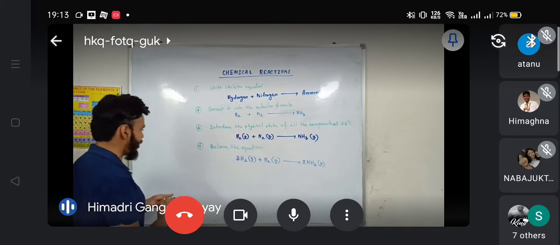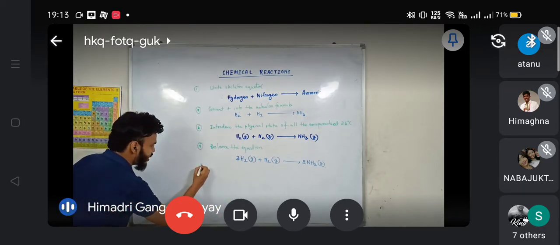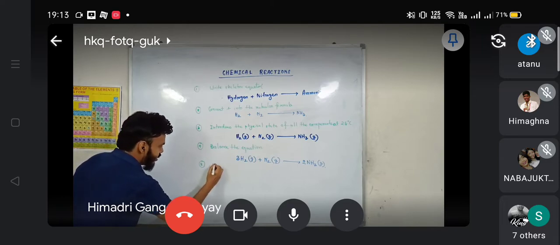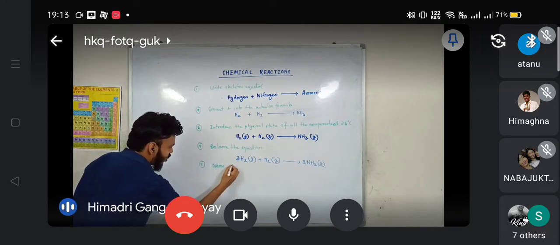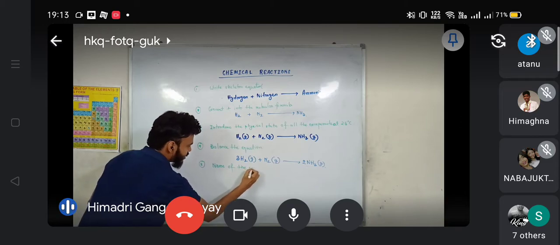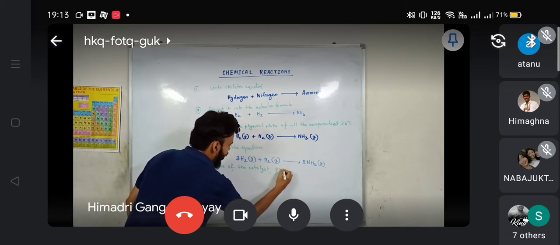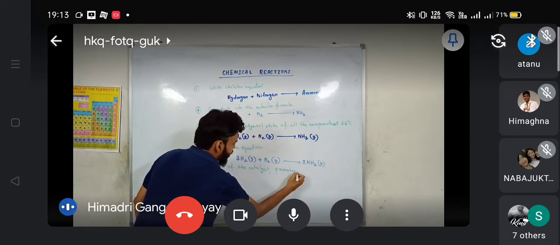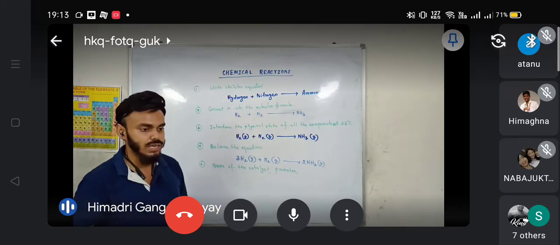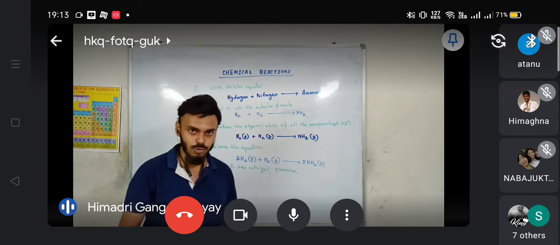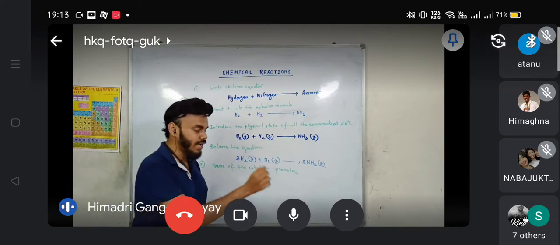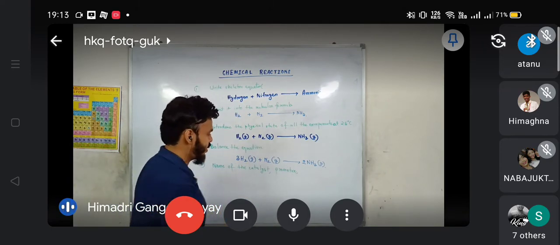And the last step, the fifth step, is to write down the name of the catalyst, the promoter, if any. Obviously every reaction doesn't require a catalyst and promoter, but if there is one, mention its name.